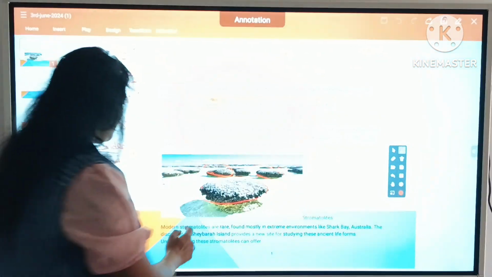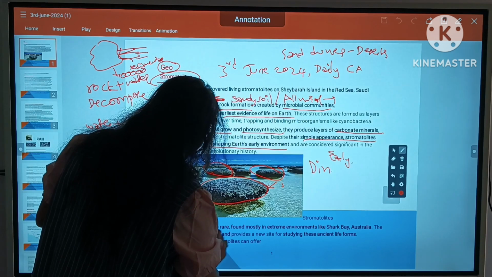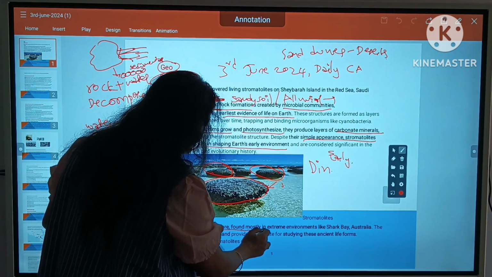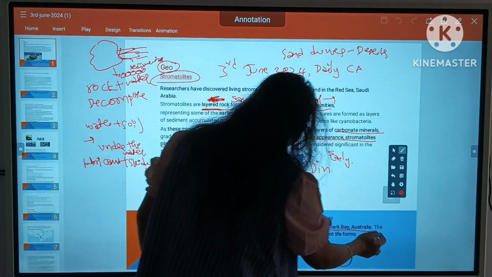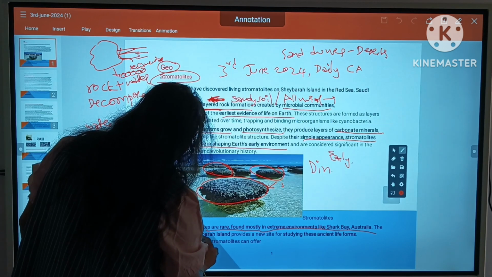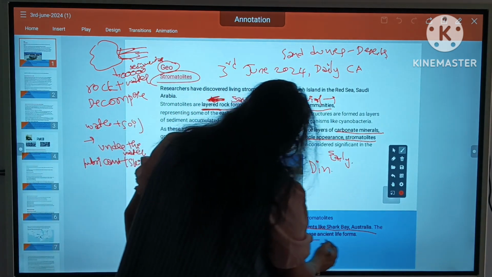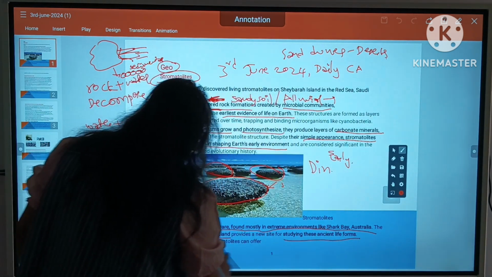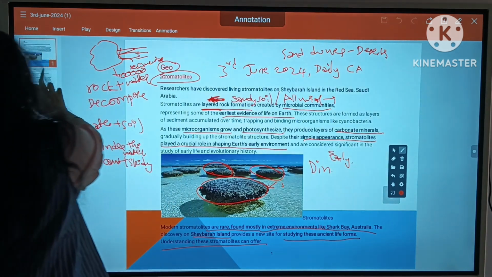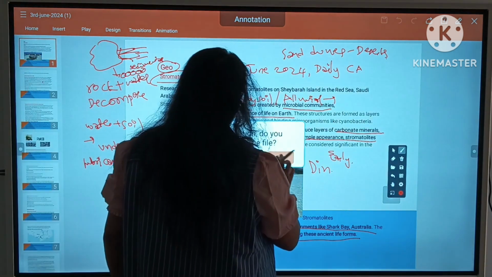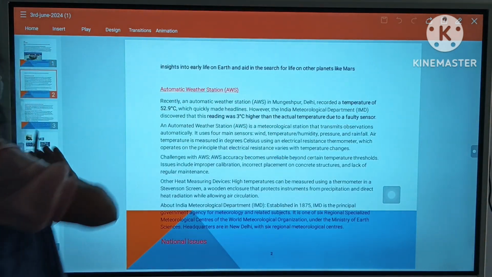Modern stromatolites are rare, found mostly in extreme environments like Shark Bay, Australia, and Sherba Island. Studying these ancient life forms, understanding these stromatolites can offer deep insight into life in the early days.